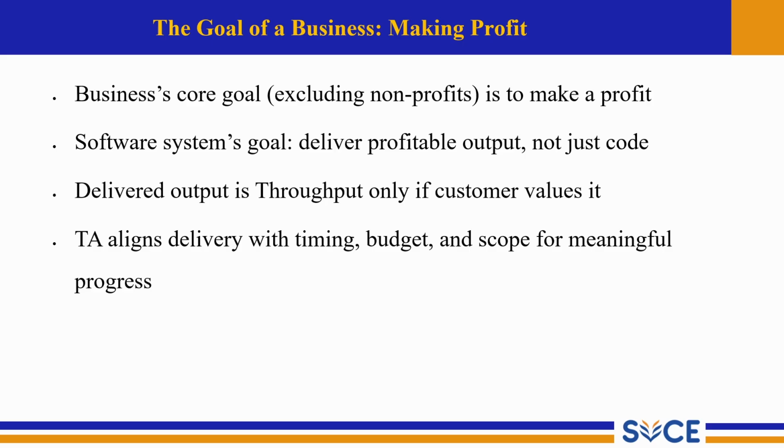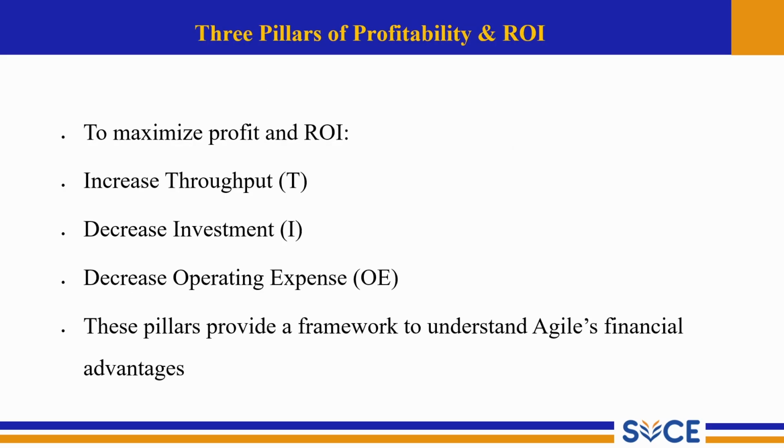In the next slide, we will see the three pillars of profitability and ROI. The three pillars are used to maximize the profit and ROI. What are the three pillars? Increase the throughput, decrease the investment, decrease the operating expense. These pillars provide a framework to understand Agile financial advantage.